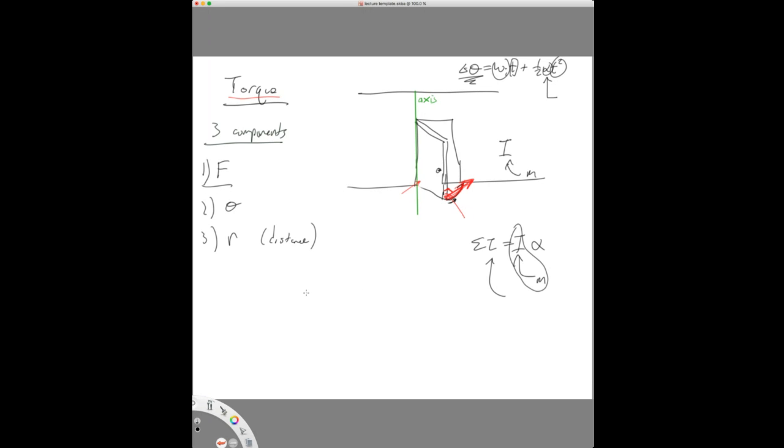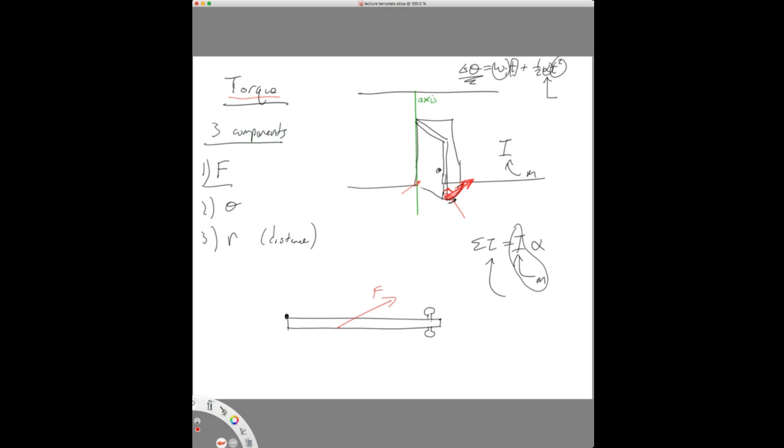So if we look at the door from a top view, here's the door handle, here's the door handle on the other side, and here are the hinges of the door. And we just decide to come up for whatever reason and push the door like that with the force F. That's not the optimum place to push the door.